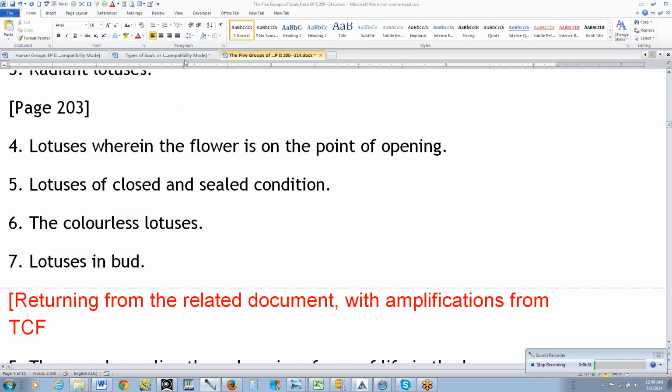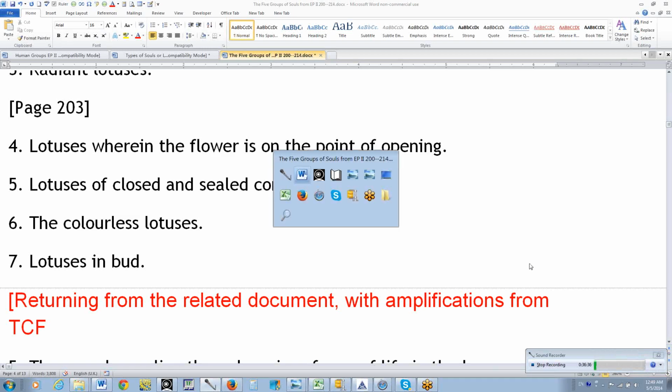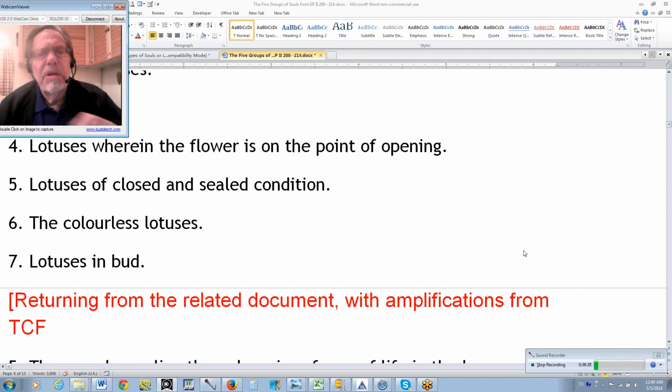We do remember there are quite a few foundational documents that we need to look at before we can really put together all this information on the Egoic Lotus.